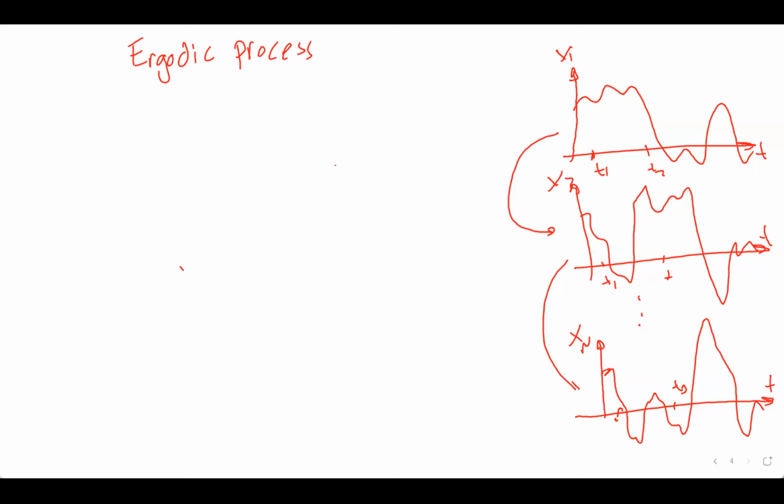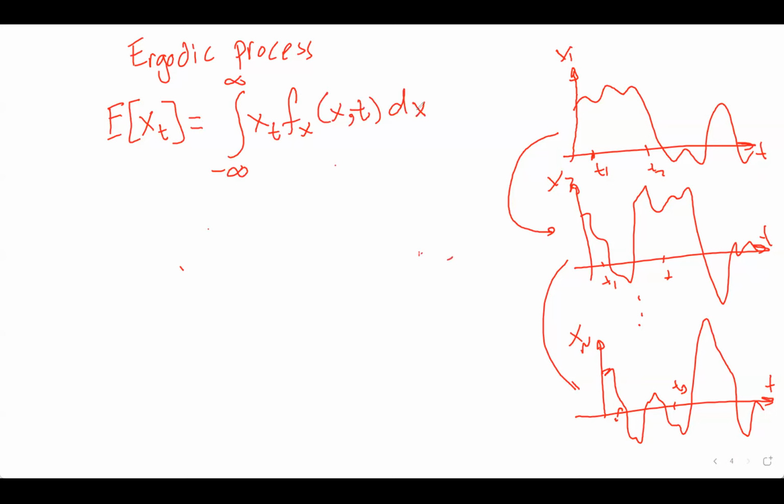What does that mean? You know that the expected value of x at time t is equal to the integration from minus infinity up to infinity of x at time t times fx of x at time t dx. This is what we showed in general, and we said this will be mu x at time t.